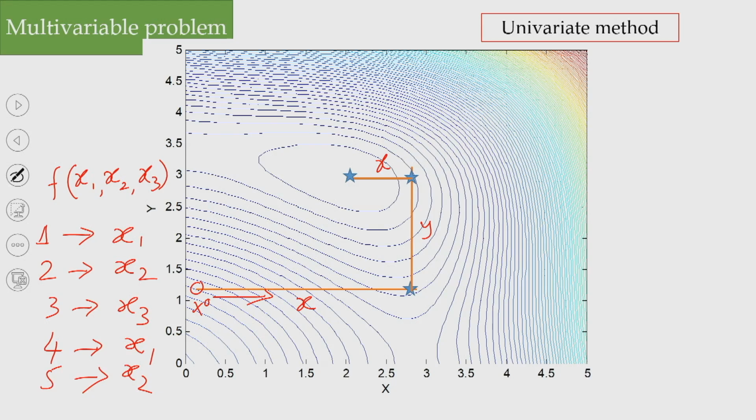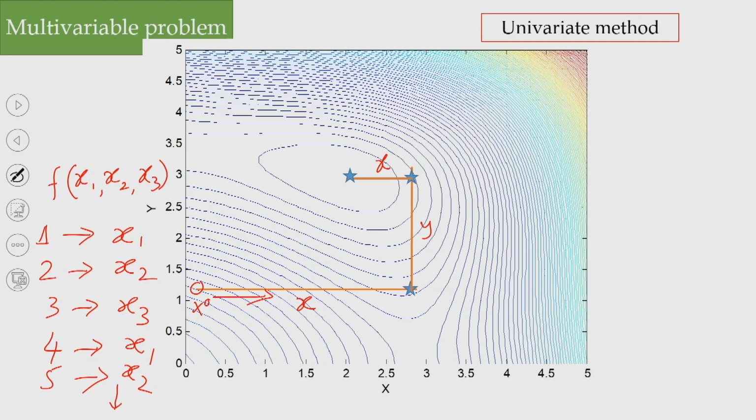That way I will continue. At a time I search for my optimal point in one direction, either x1, x2, x3, and if you have more variables, say x4 also, then the first iteration is along x1, second x2, third x3, fourth x4, and then I repeat.